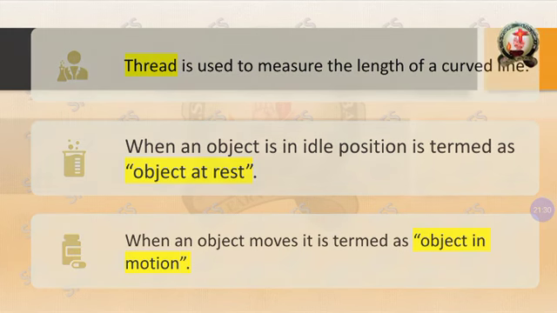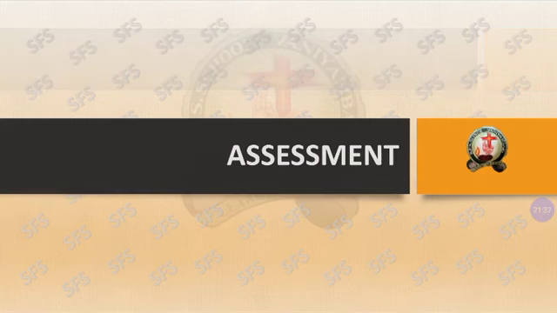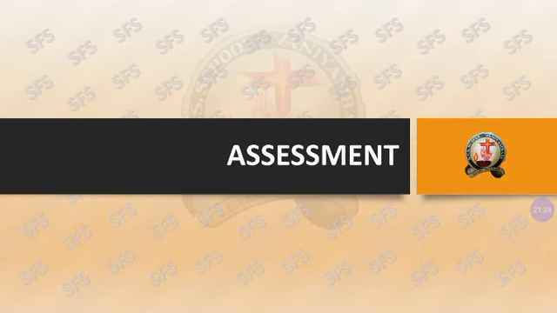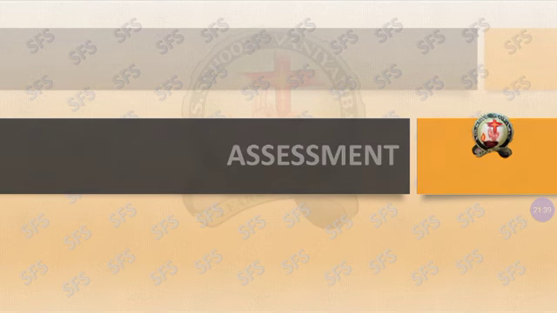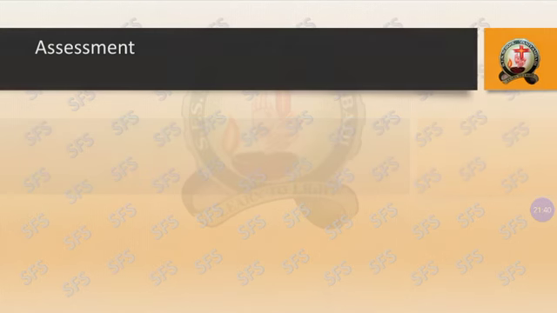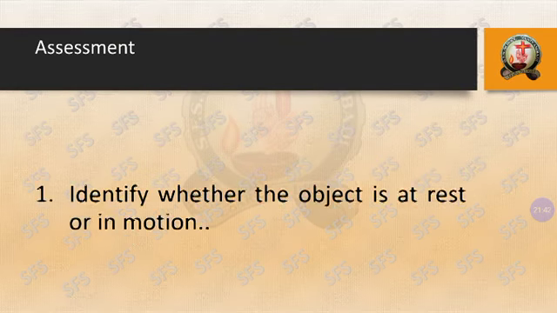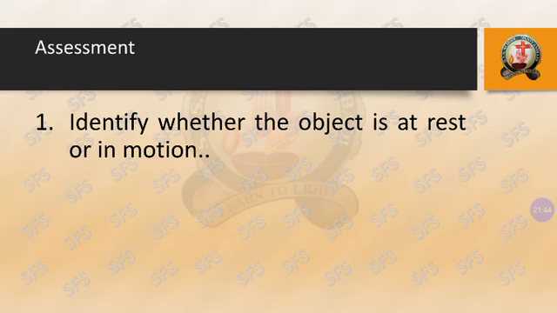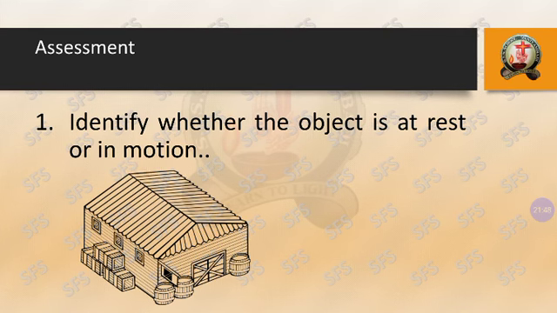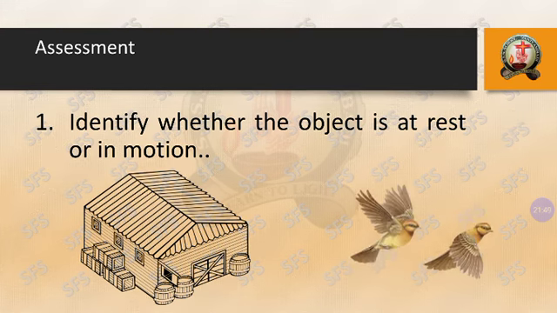Now here is a quick assessment for you, to check what you have understood in this class. Here are a few questions for you. Identify whether the object is at rest or in motion. Here are a few pictures for you.